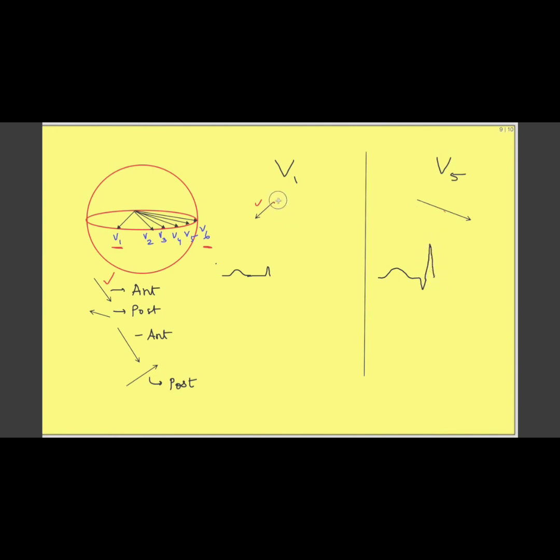Then the last part is almost opposite to V1, so a large amplitude negative wave will be recorded. But in V5 it is almost 90 degrees but obtuse, so a small negative wave will be recorded in V5. Similarly, ventricular repolarization will be recorded as a small positive wave in V1 and a little larger positive wave in V5.